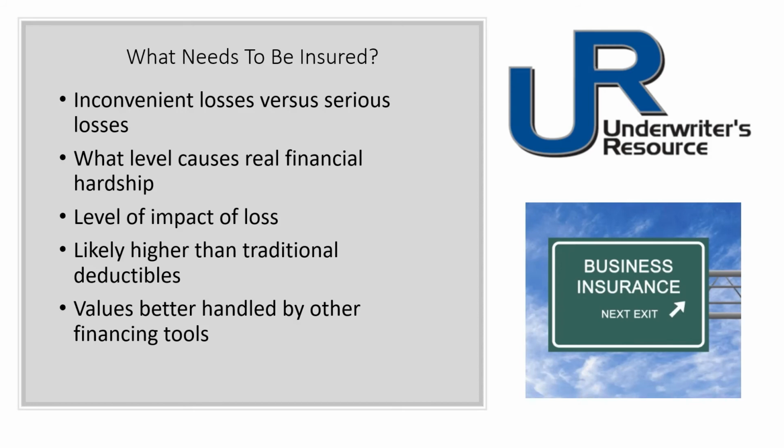In some cases, insuring property may not make any sense at all because the personal property values are not high enough to create enough true risk to make insuring it necessary, making other methods to finance that risk more efficient and attractive for the client.